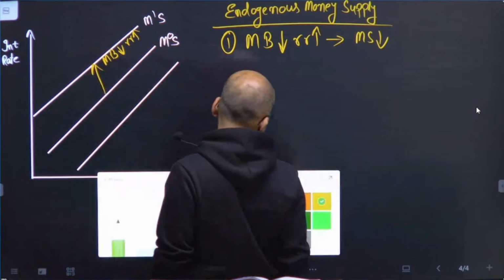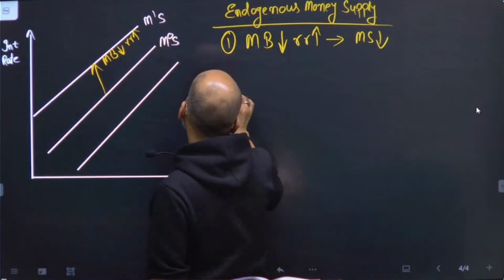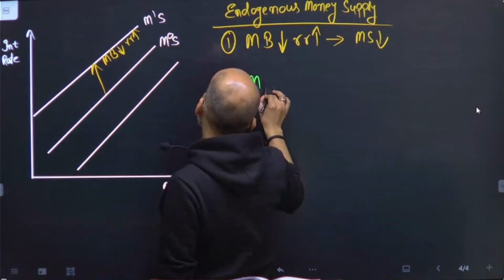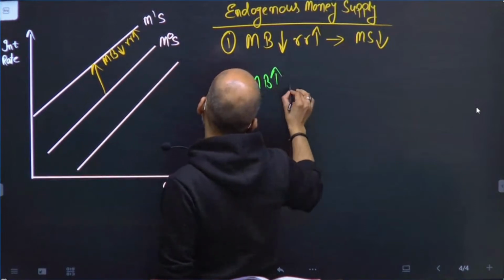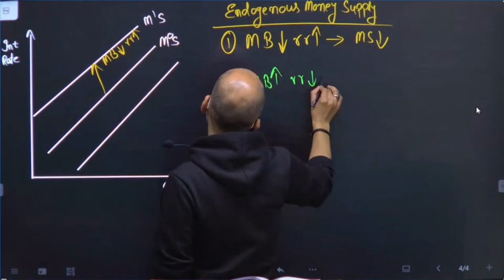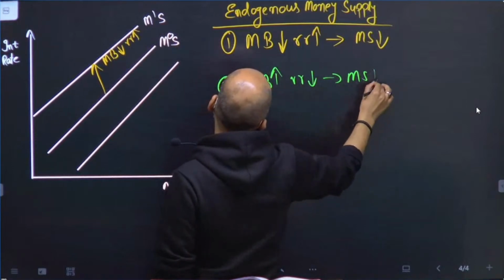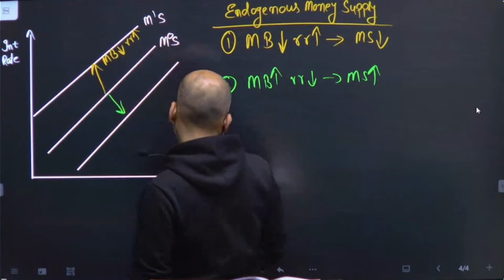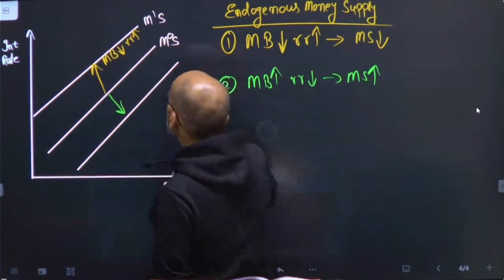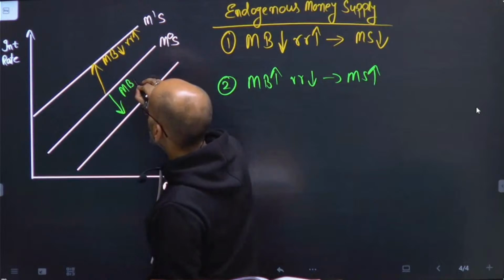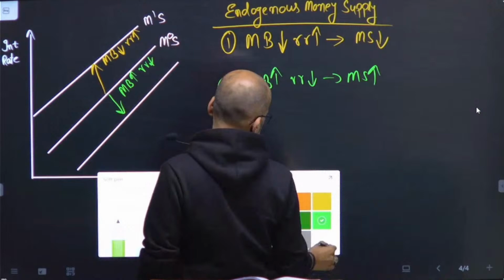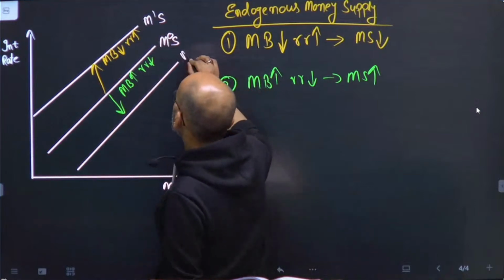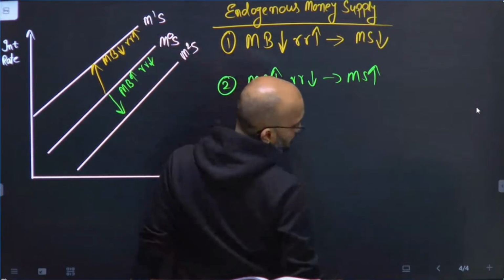Now, in second case, what are we doing? Monetary base is increased, RR is decreased, money supply increases. Clear?